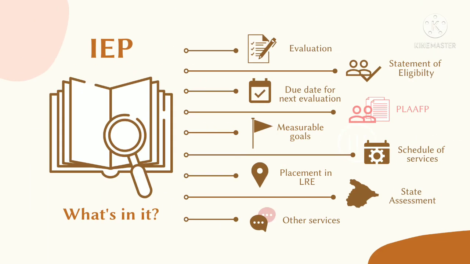In an IEP, it has the evaluations of the student, a statement of eligibility based on those 13 categories that the student qualifies under. There are due dates for those evaluations, and when the annual review is to be conducted.